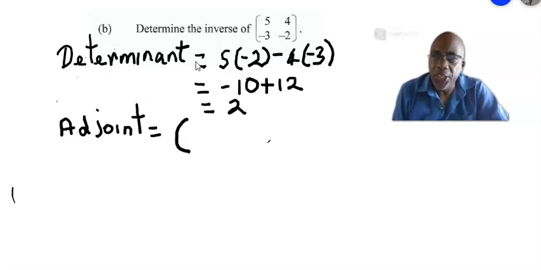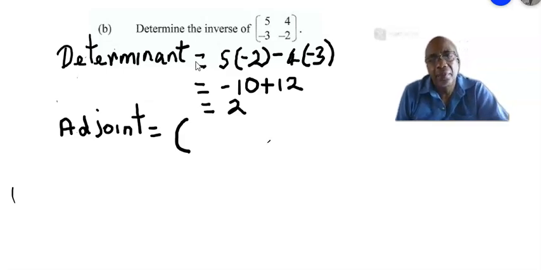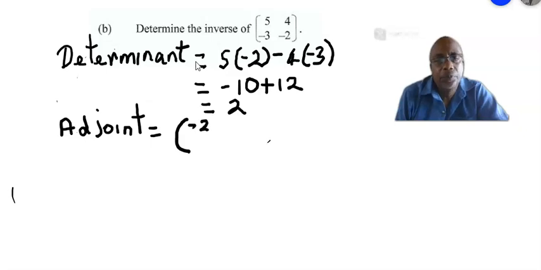We interchange the elements of the leading diagonal and change the sign of the elements in the other diagonal. So for the adjoint, you are going to get negative 2 up here. You are going to get negative 4 on this side. Down here, you are going to get a plus 3. And on this side, you are going to get 5.